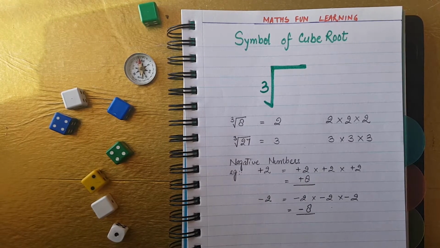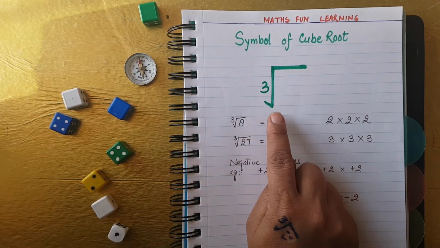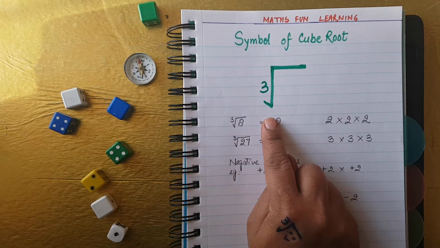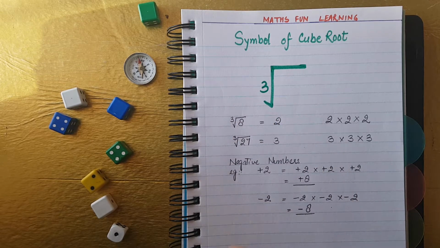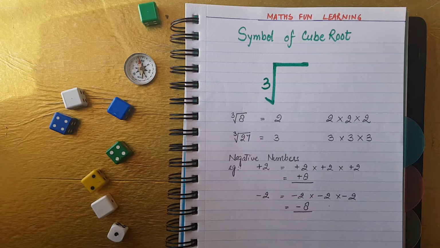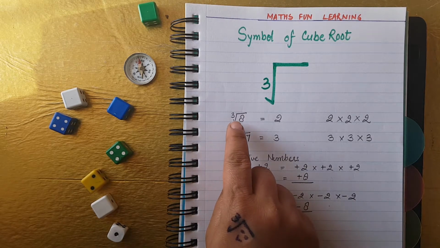Now, let's find out the symbol of cube root. You can see this is the symbol of cube root. It is a special symbol that means a cube root. It is a radical symbol with a little 3 here. So what is the cube root? The cube root of a number.